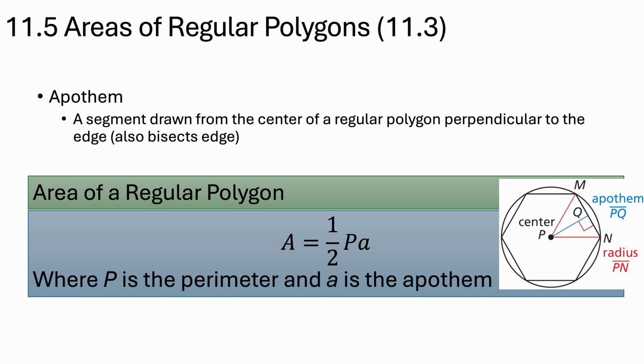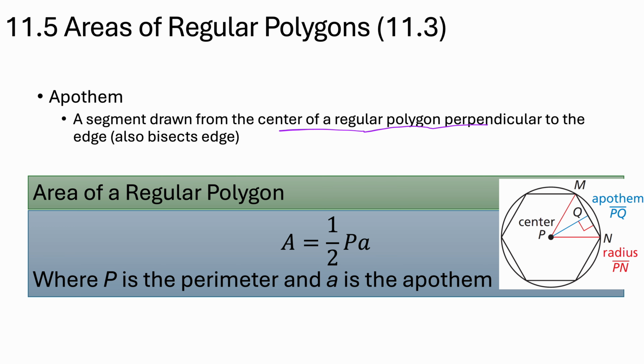So for the area of a regular polygon, we already saw half P into A, where A is the altitude, basically, the distance from the center to the side. A is also called the apothem. The apothem is a segment drawn from the center of the regular polygon perpendicular to the edge.